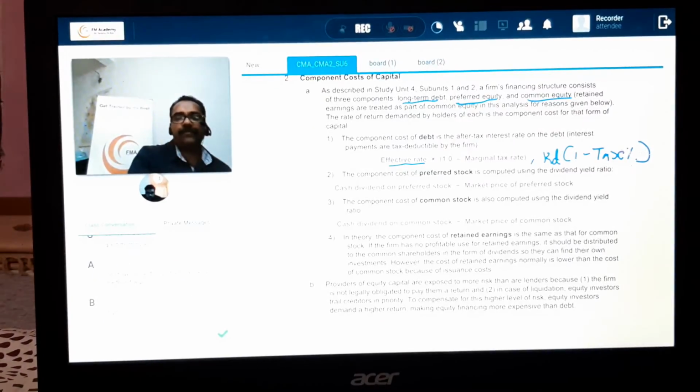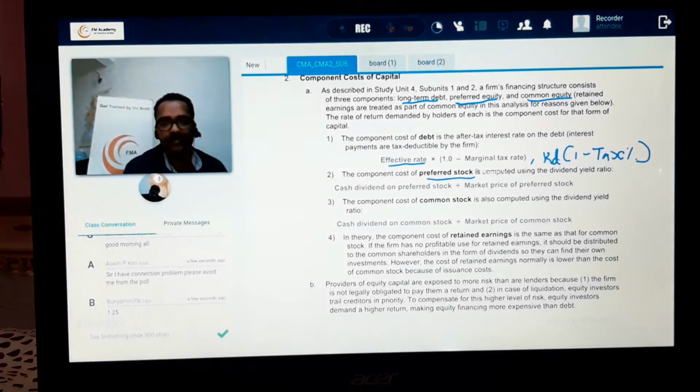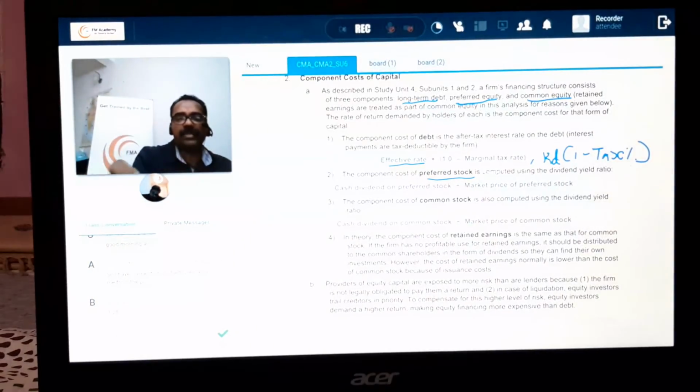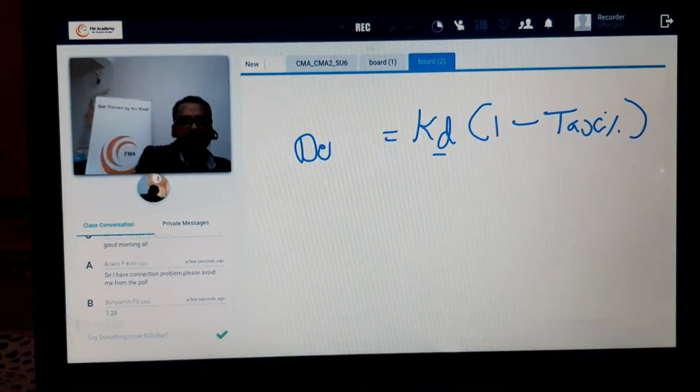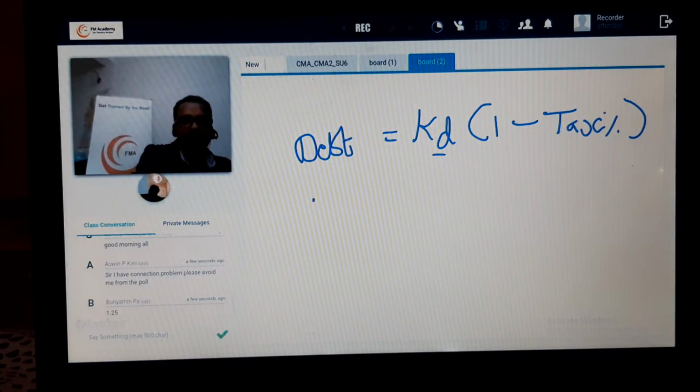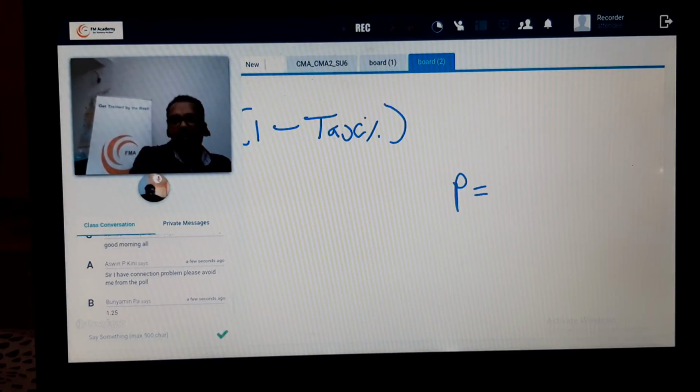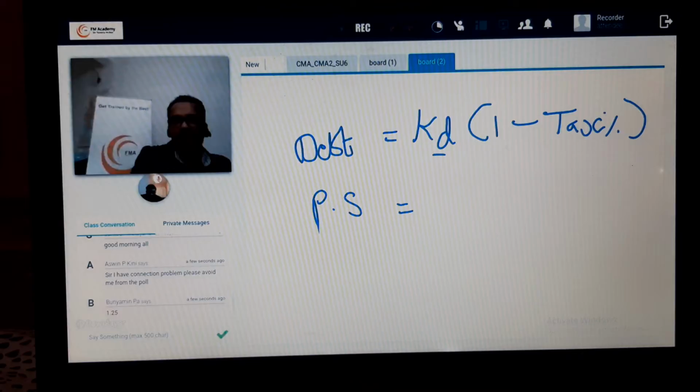The component of preferred stock: we can rearrange this equation, right? In the previous class, this is debt. This is preferred stock. Let me just write here. The price of a preference share can be calculated by this formula. So what is the K? Your K equals dividend divided by price.